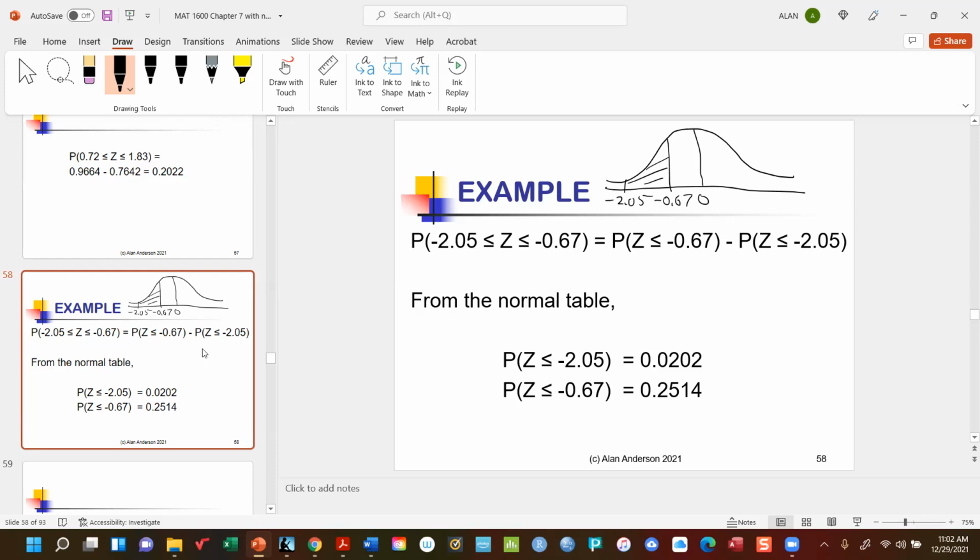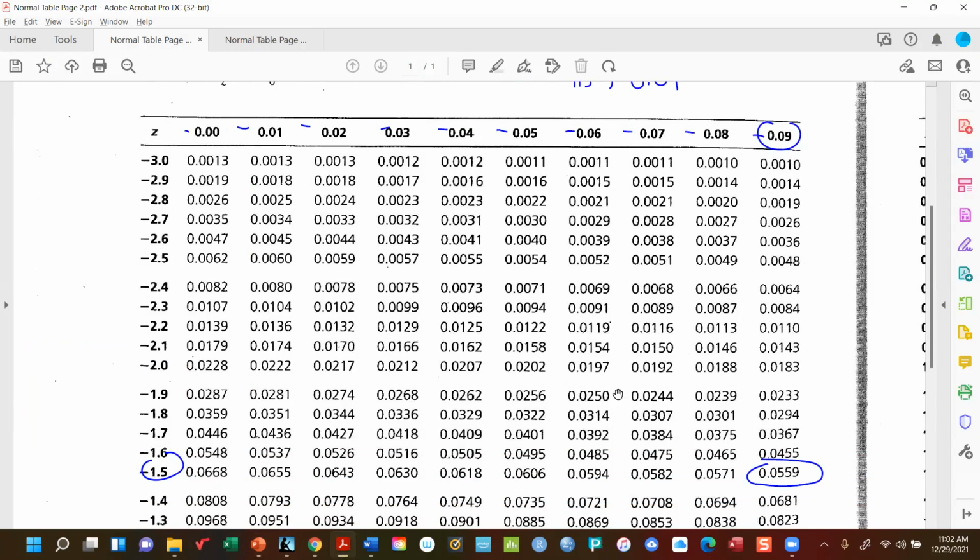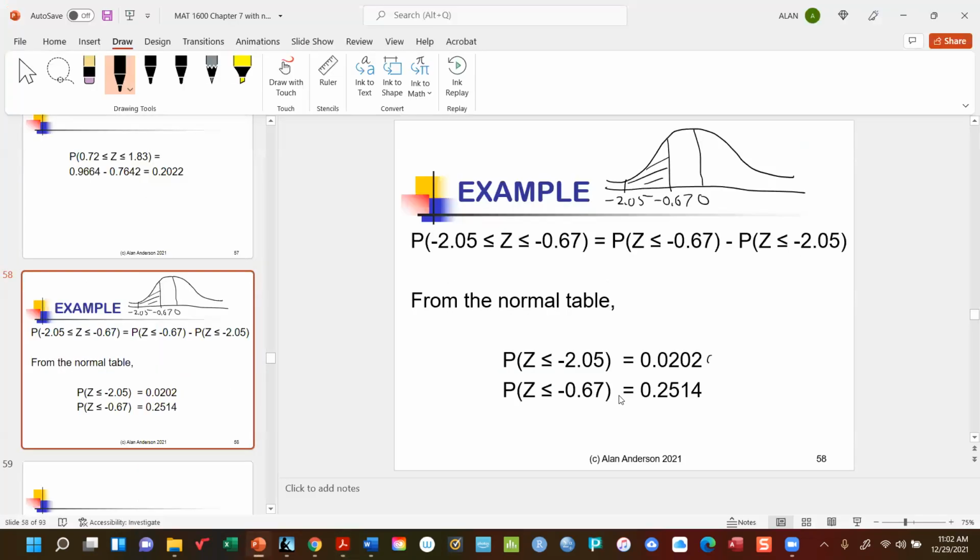It looks backwards, but that's correct. So we've got these from the negative table, which we will confirm right now. Let's start with negative 2.05. So I want negative 2 combined with 0.05. 0.0202, that means we did that correctly.